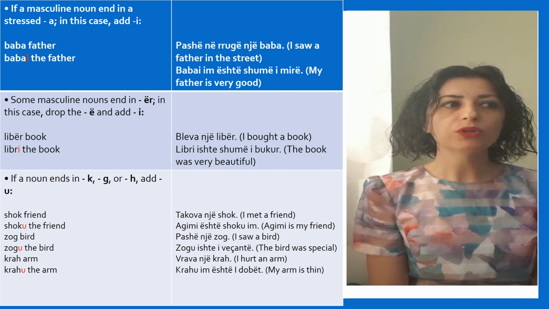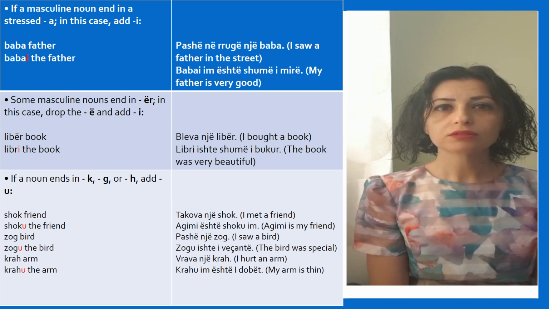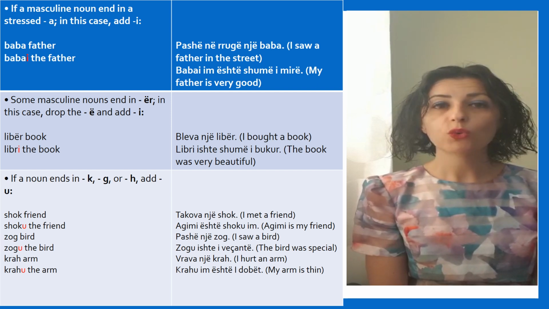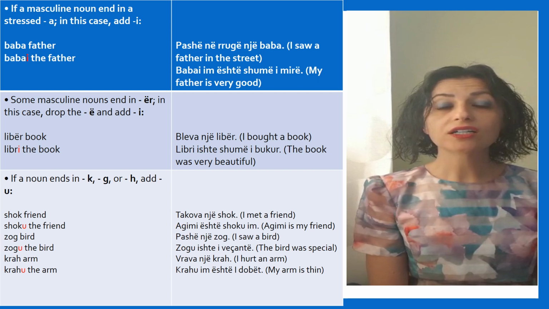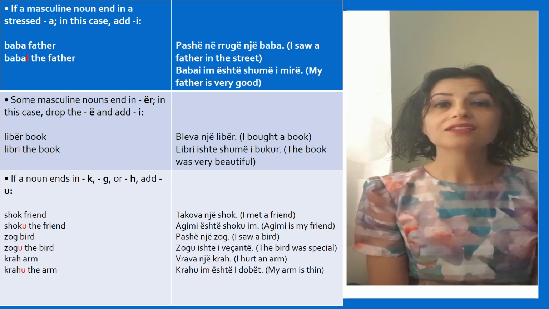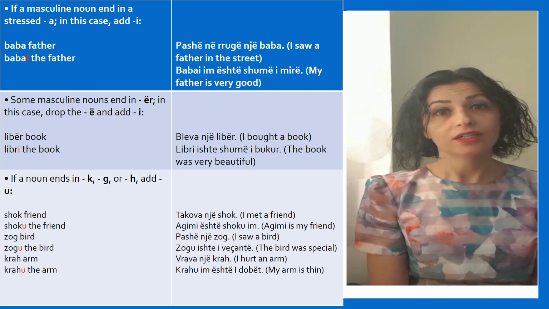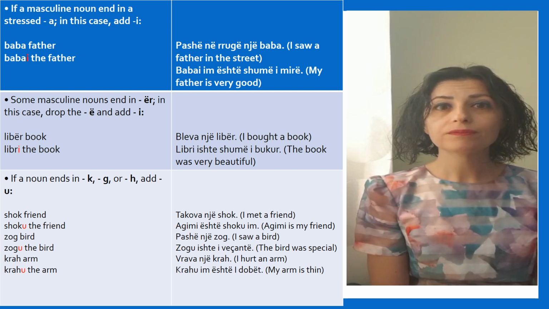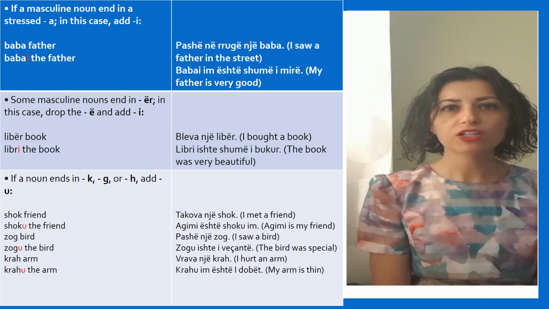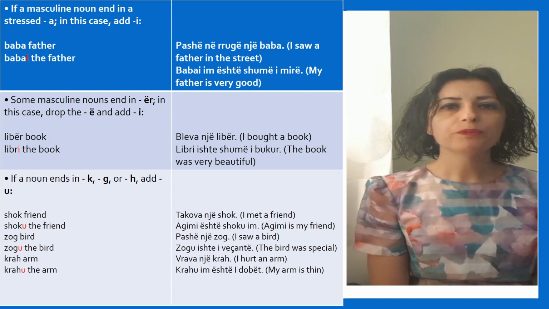So for example, shok, a friend, will become shoku, the friend, or zog, a bird, will become zogu, the bird, or krah, an arm, will become krahu in the definite form.